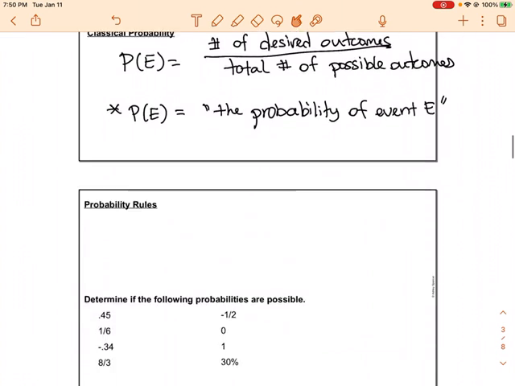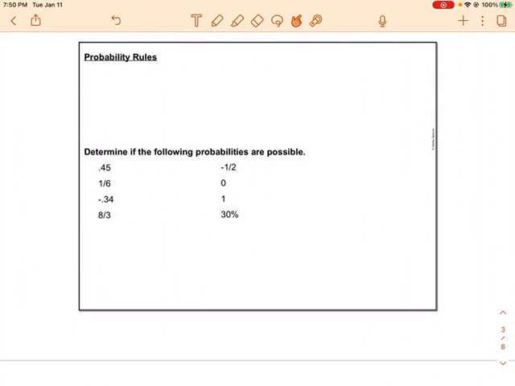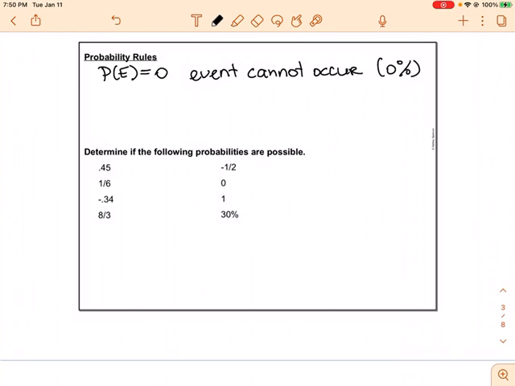So let's look at some rules. So, probability of an event equaling 0 means the event cannot occur. 0% chance. Not likely.